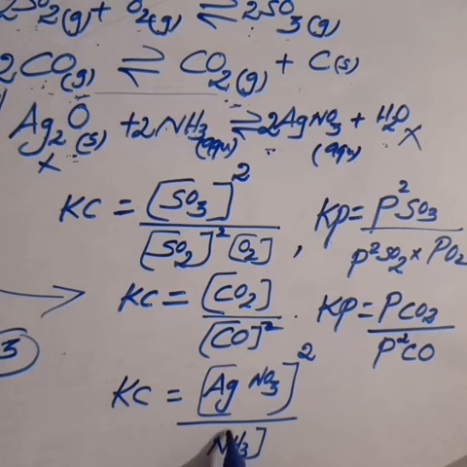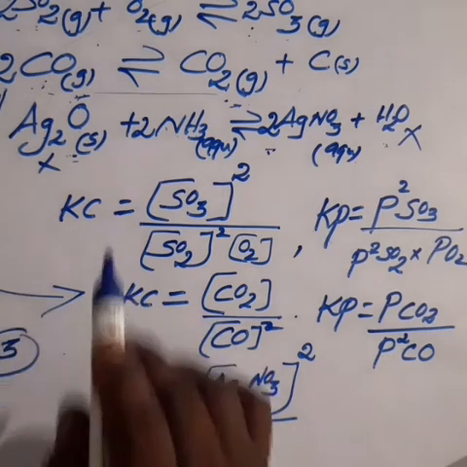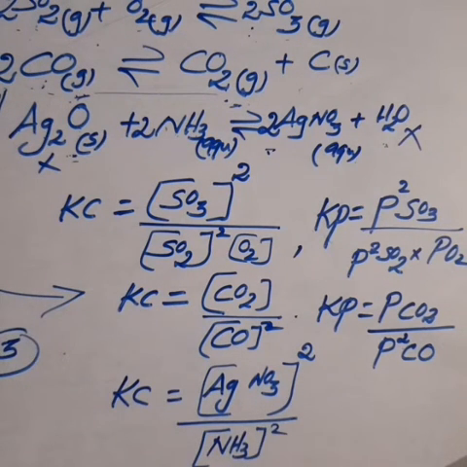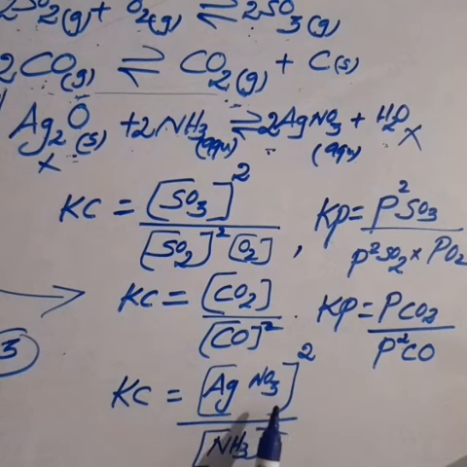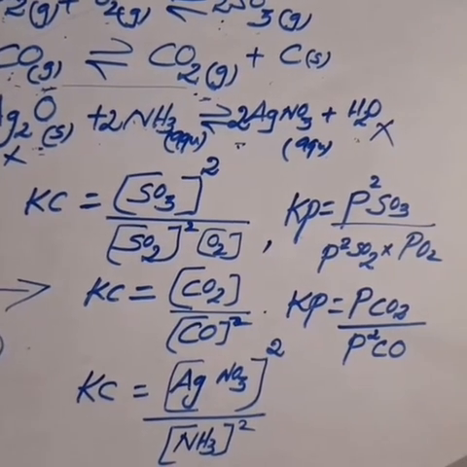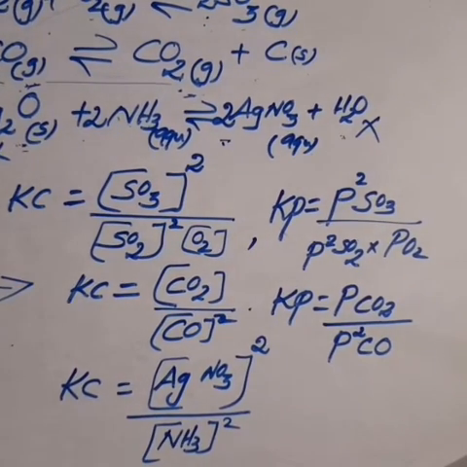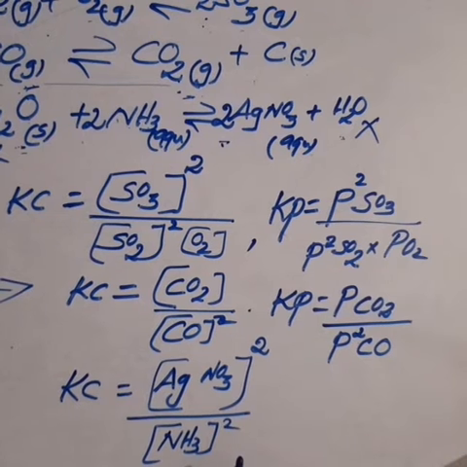That is divided by ammonia, NH3. As per our textbook, here we have 2 ammonia. Balance the equation, so make the power also 2. So Kc is equal to AgNO3 concentration to the power 2 divided by ammonia concentration to the power 2.